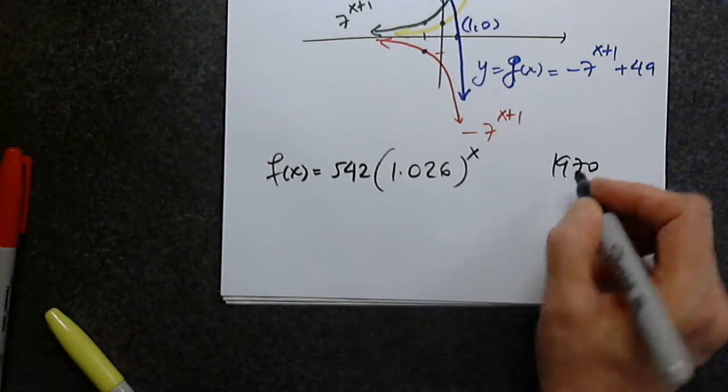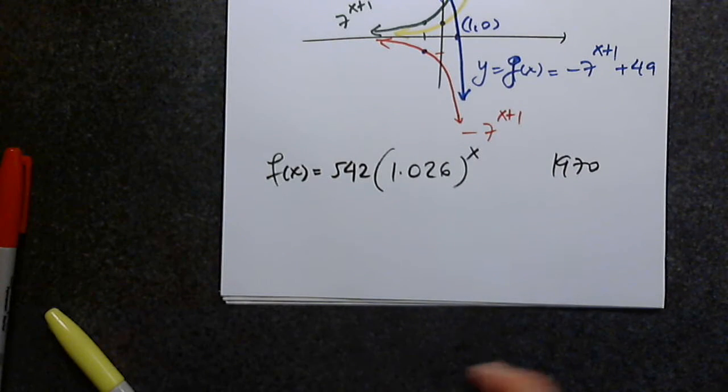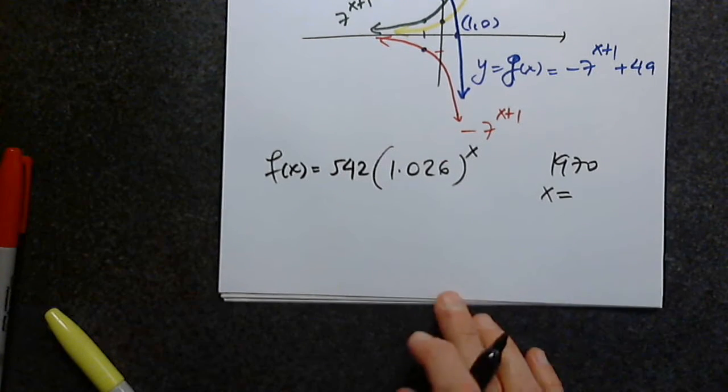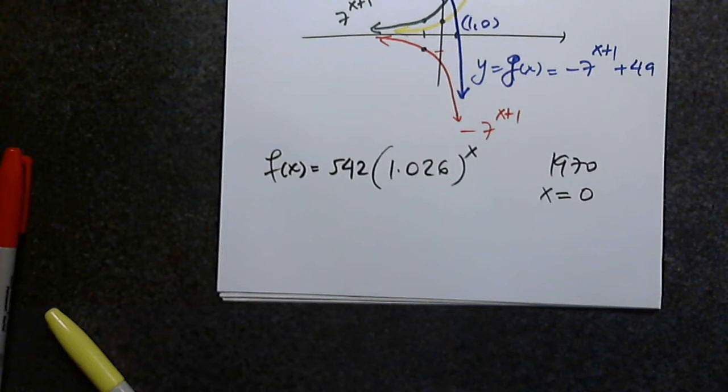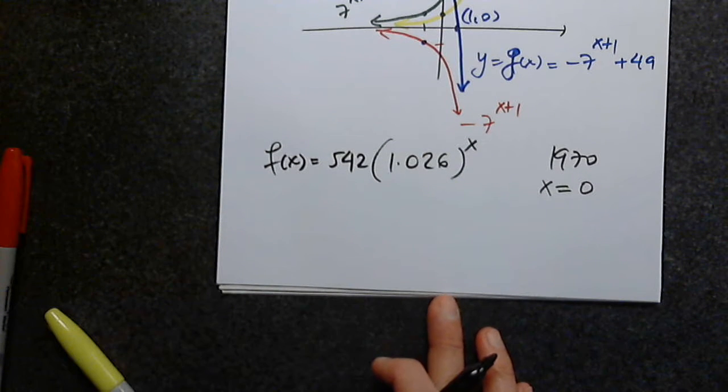What does 1970 represent? Which is x equals 0. So the country's population in 1970 was, the country's population in 1997, and then 2024, and then 2051, and then it asks us to come up with a model or some conclusion that we see from the data.